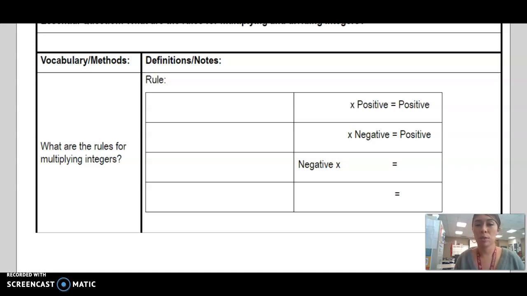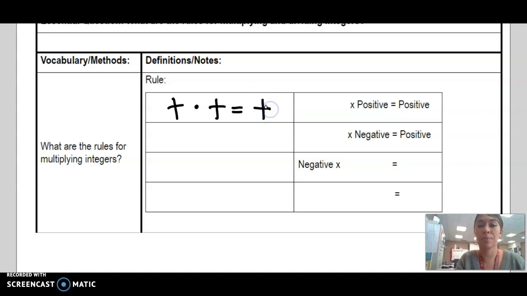So when we multiply, we have to remember that when we multiply a positive with a positive integer, our answer is going to be positive. And when we multiply a negative integer with a negative, we should end up with a positive answer.